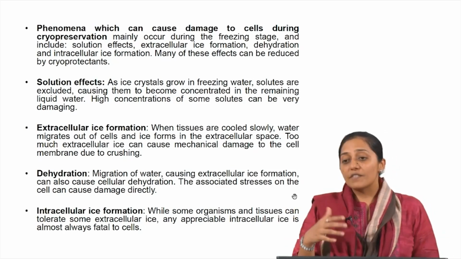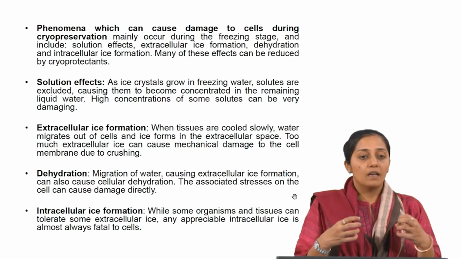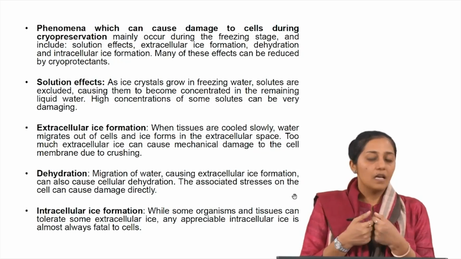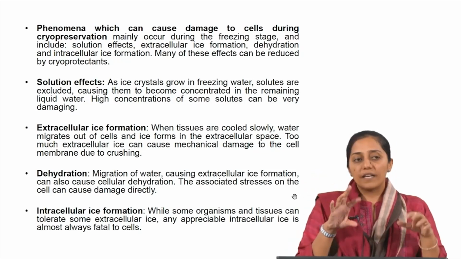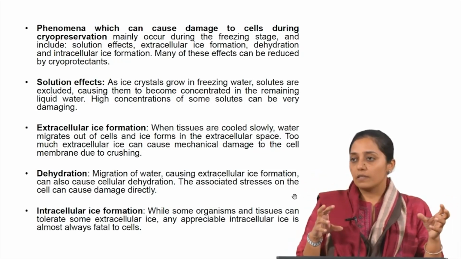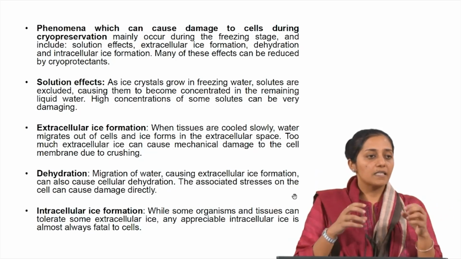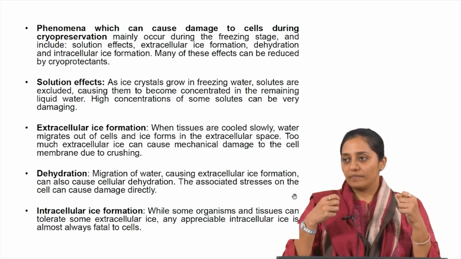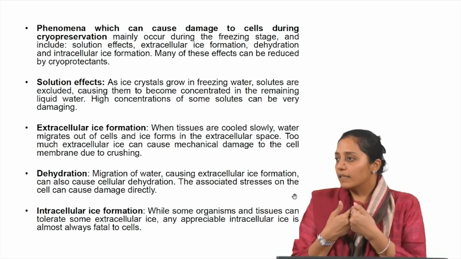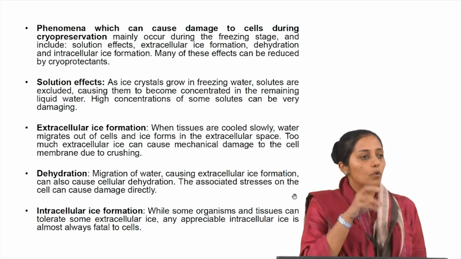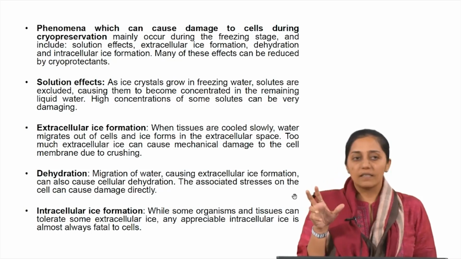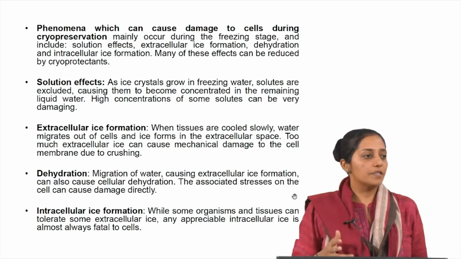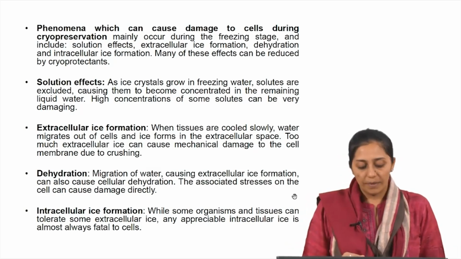So, sometimes the ice which is forming in the extracellular space will also cause damage by pressing the cell wall and the cell membranes. So, generally you will find that when extracellular ice formation starts taking place, the intercellular spaces get widened. There is cell to cell contact. So, now you will find there is more gap and the water there gets crystallized and the cell walls and the cell membranes may get damaged because of the crystal formation outside.